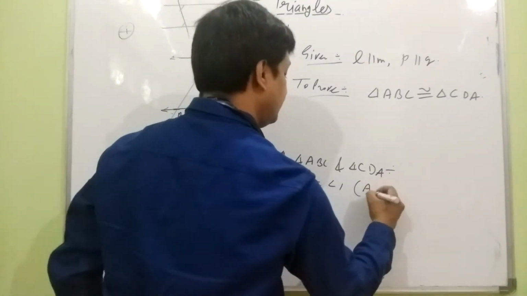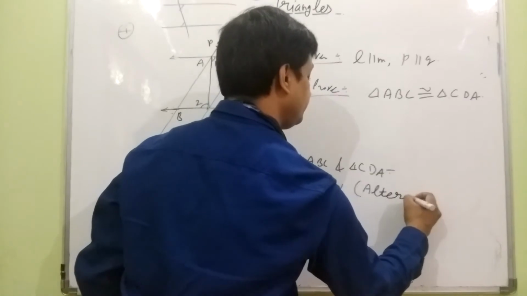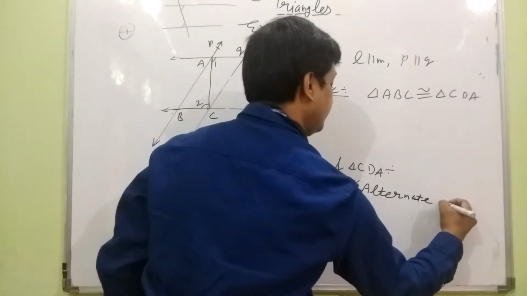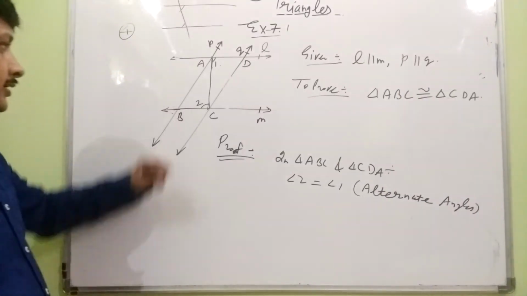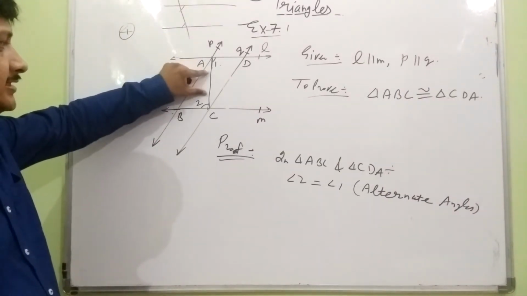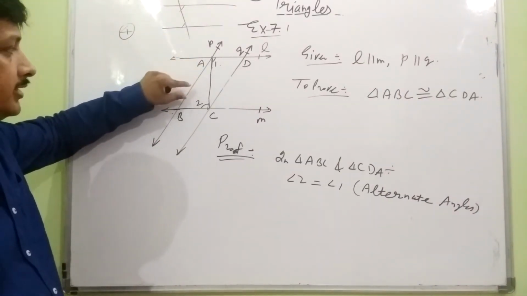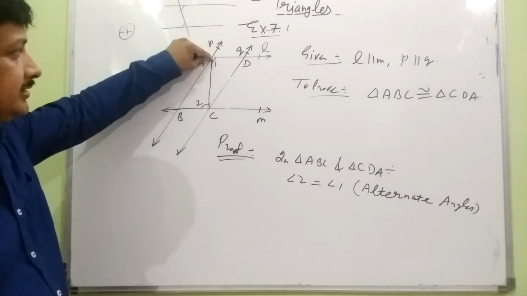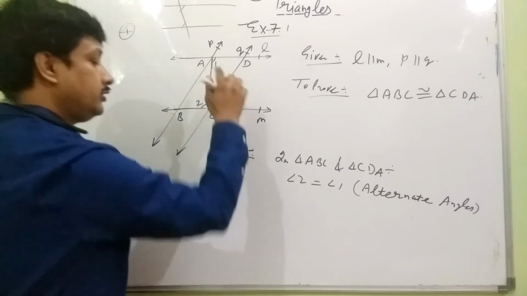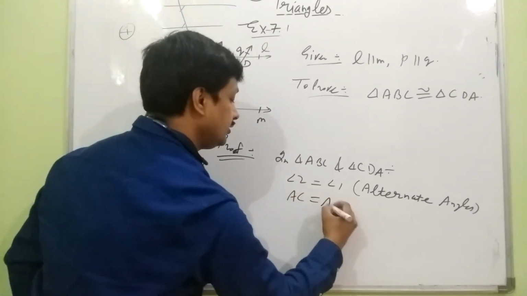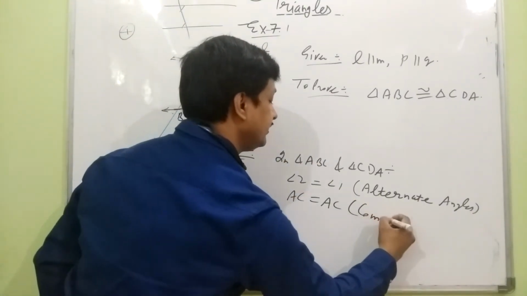So these are alternate angles. What is the other thing? Now you know AC side is common in triangle ABC and triangle ADC. So we can say AC side is common in both the triangles. So AC is equal to AC. This is the second thing.